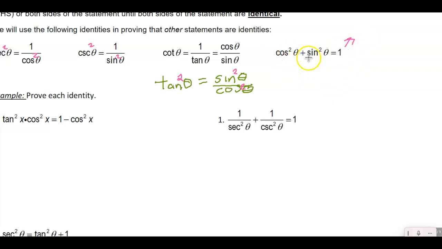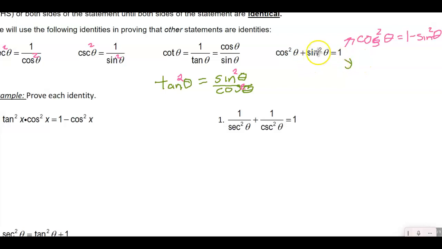If we subtract sine squared on both sides, then we'll have left over cosine squared equals 1 minus sine squared. So anytime you run into a cosine squared, we can substitute in 1 minus sine squared in its place. And I'll be showing you how you know what to substitute where. That's the whole skill that we're trying to build today.